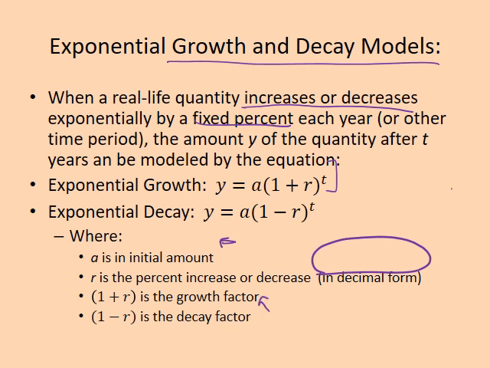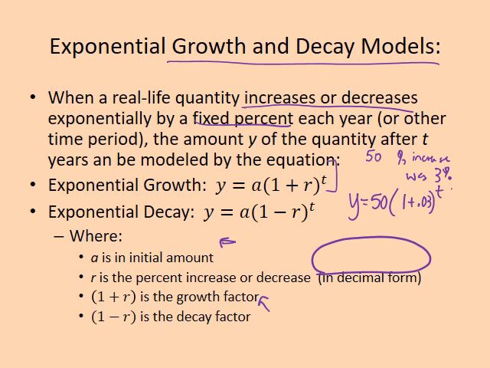So for example, if your initial value was 50 and your percent increase was 3%, your equation would be y equals 50 times 1 plus 0.03 to the t power.